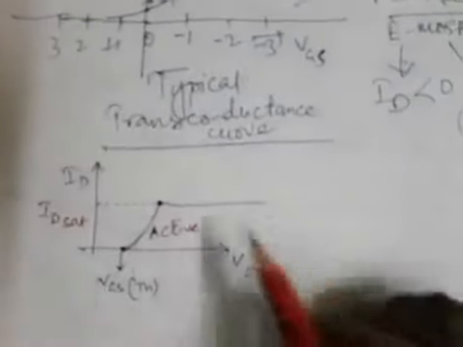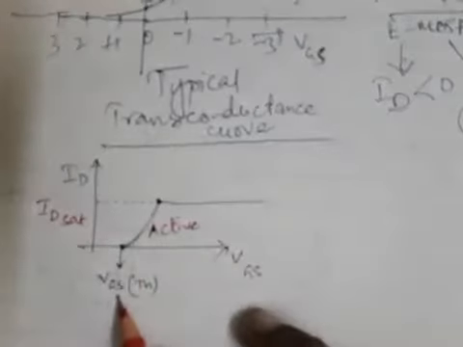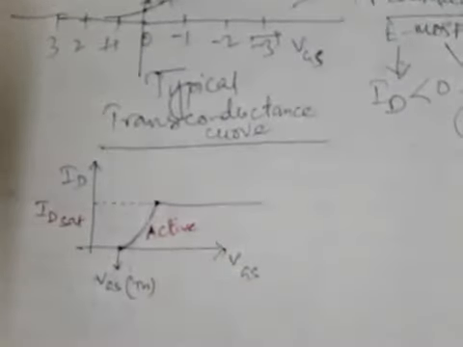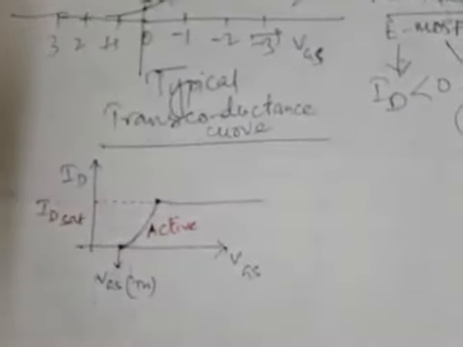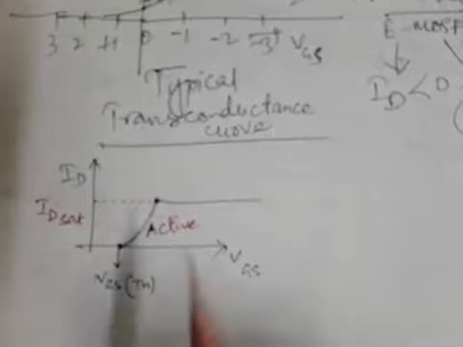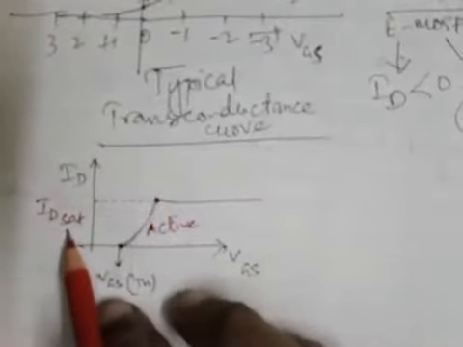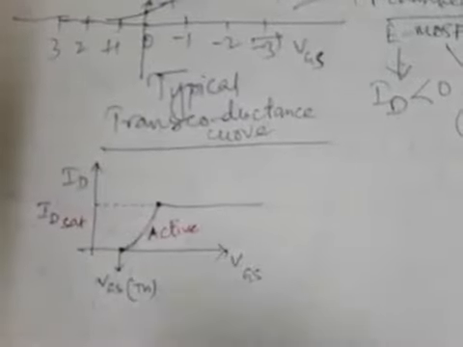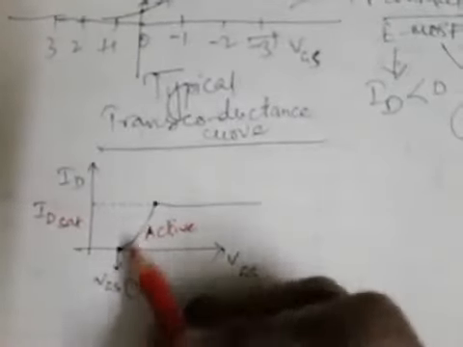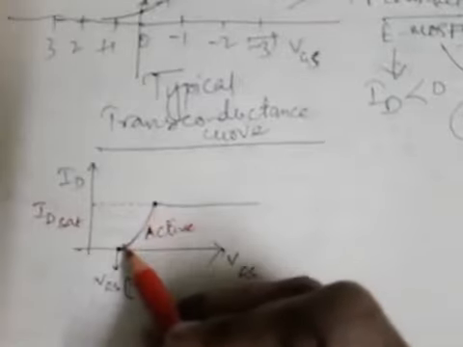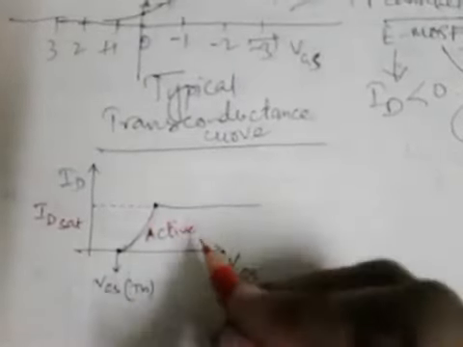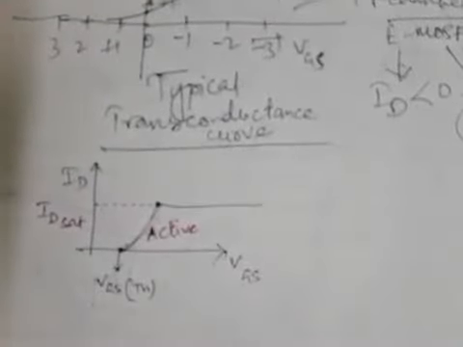That means in the active region, starting from the minimum threshold value between gate to source, the device will conduct and the current ID will increase exponentially up to a maximum value given by ID sat. This exponential character between VGS threshold and ID sat depicts the active region of operation in the transconductance curve.